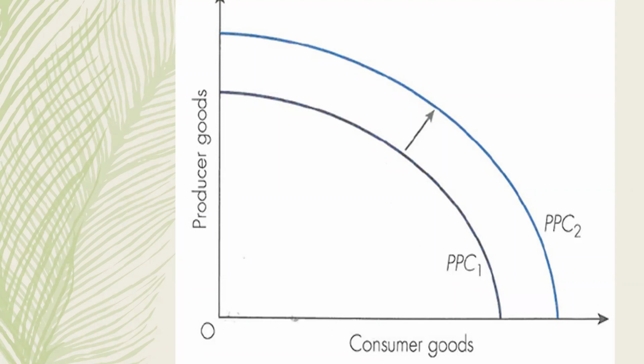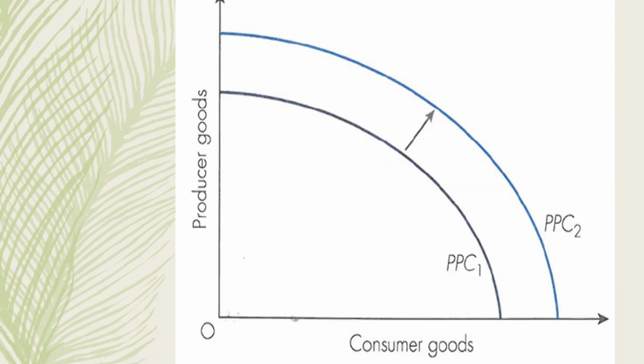Producer goods refers to the goods that will assist in the production. Think of equipment, think of machinery. Consumer goods are the goods that consumers will consume directly, whereas producer goods are things like machinery and equipment that will aid in the production of other goods and services.